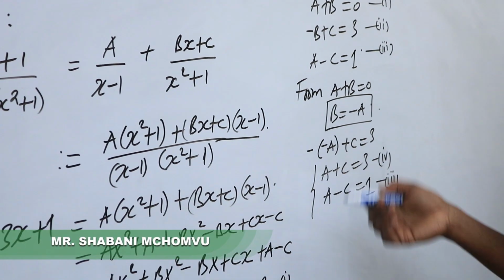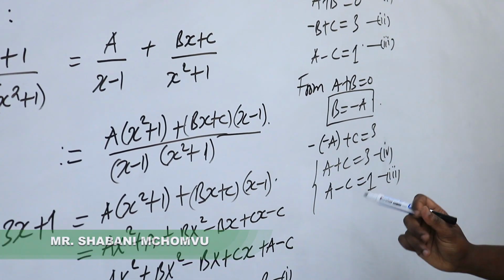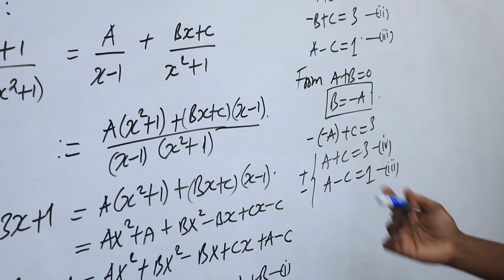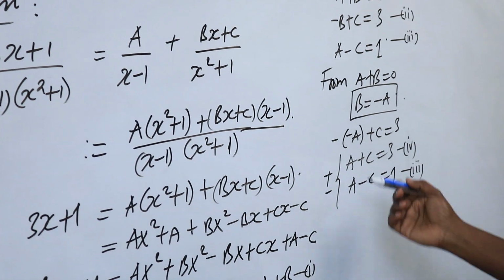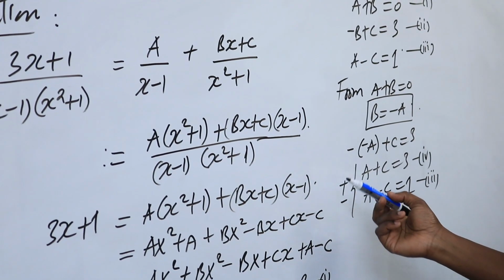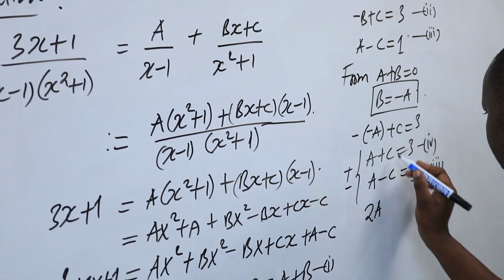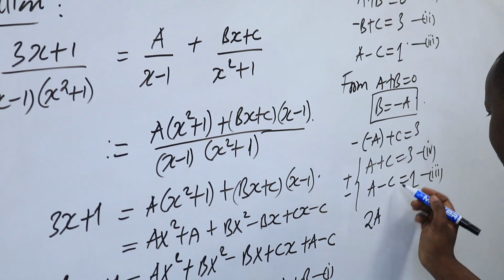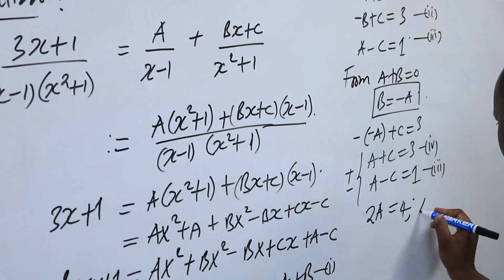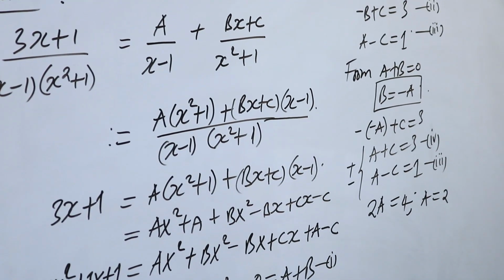So by using now the elimination method as part of algebraic solution, if we eliminate a or c, then we see what we have. For example, when we eliminate c now, we start by adding. So if we add, we'll get 2a here. It means c plus negative c goes. So here we'll have 3 plus 1, we get 4. So the value of a now becomes 2 when we divide by 2 both sides.